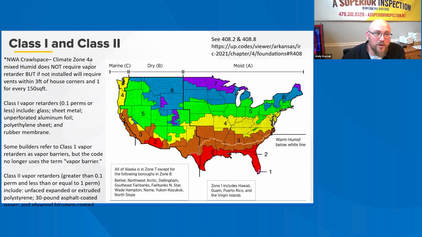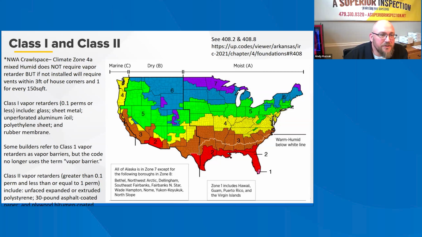But if we don't have a vapor retarder in the crawl space, then we must have crawl space vents within 3 feet of the corners of the house, and then the calculation is 1 square foot of vent per 150 square feet of floor space, if there is not a vapor retarder on the crawl space floor.